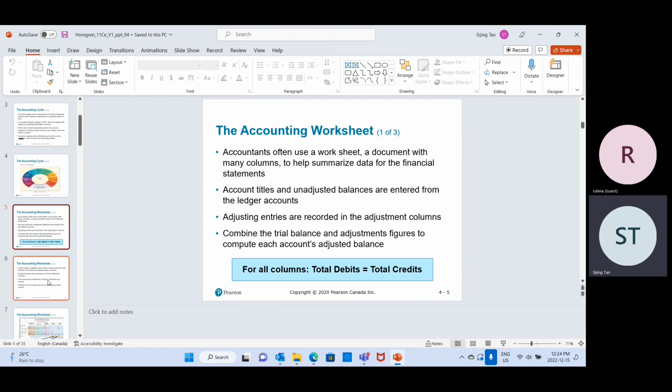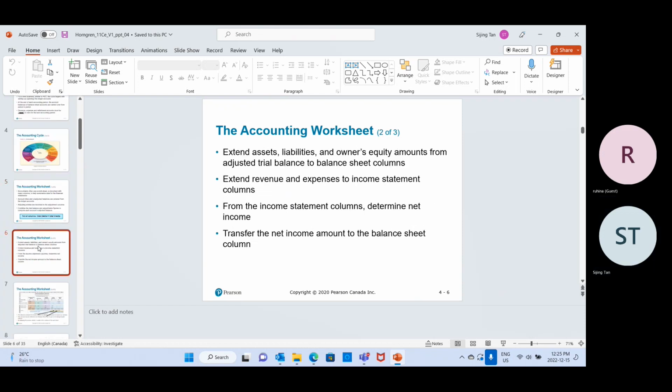One of the biggest things is that the worksheet will give you a visual of total debits equal to total credits. If they're not equal to each other, there must be something wrong. Errors happened.